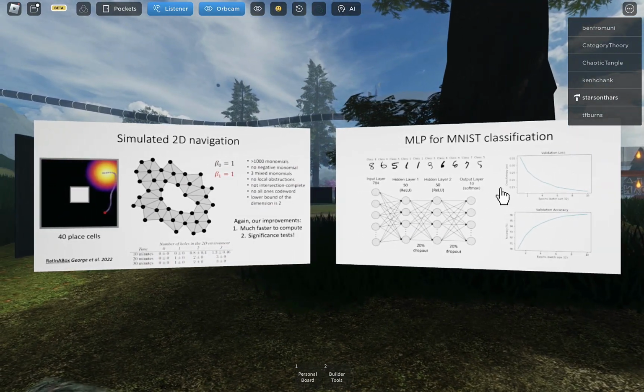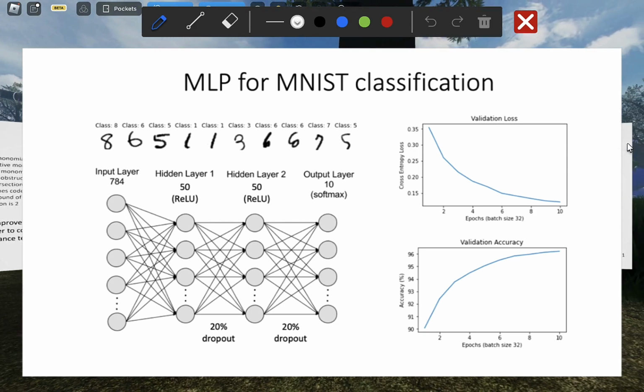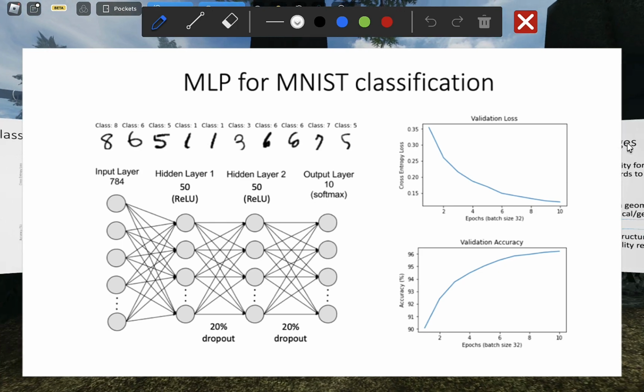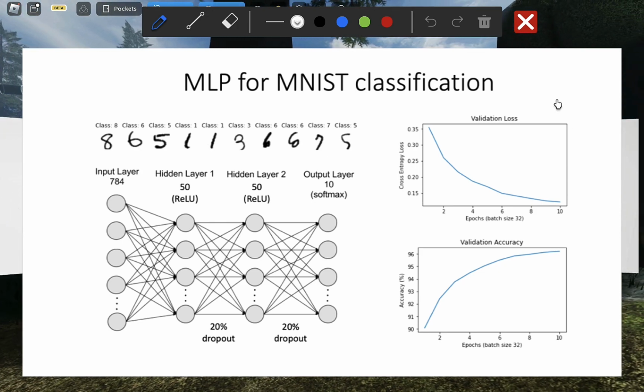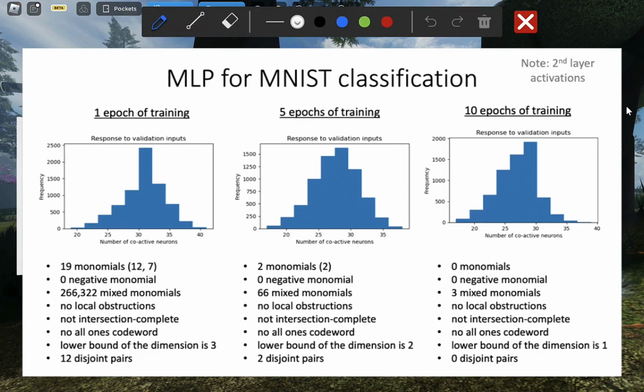So we train a multi-layer perceptron on MNIST in a regular way, as you might guess, and then we do the same sort of analysis as shown previously on the 2D environment, but we binarize the activity of the neurons in the second layer, the penultimate layer before giving the 10 classes of the digits, and we look at different epochs in training.